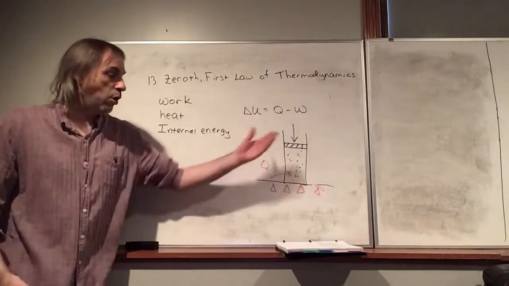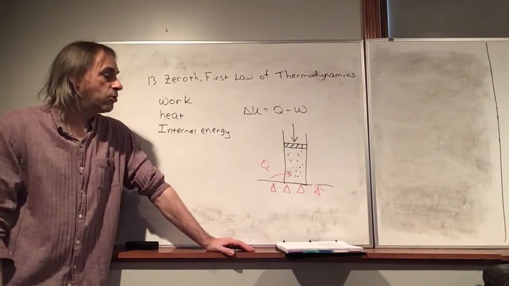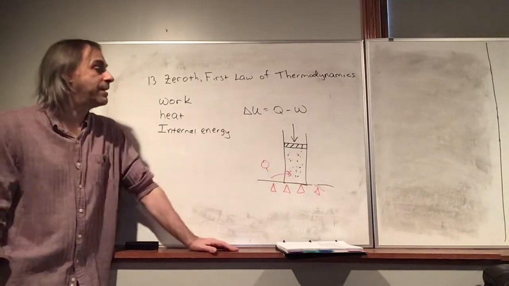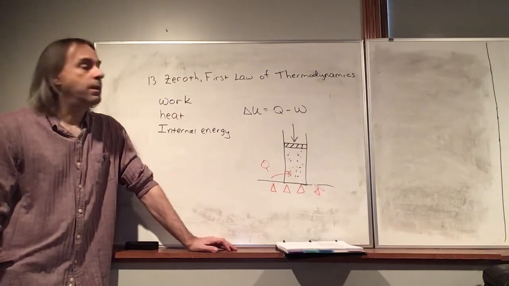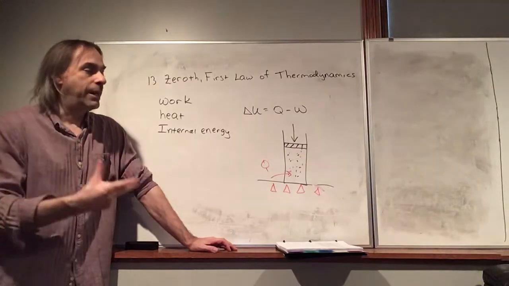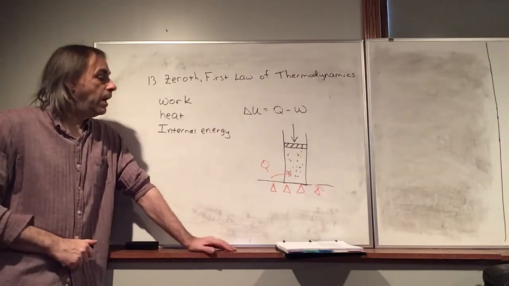That's being absorbed by the molecules. They're moving around more energetically, more internal energy. And so basically, like I said, this is just the first law of thermodynamics. That energy can change form. It's related to work. If you do work on an object, you're giving it energy.